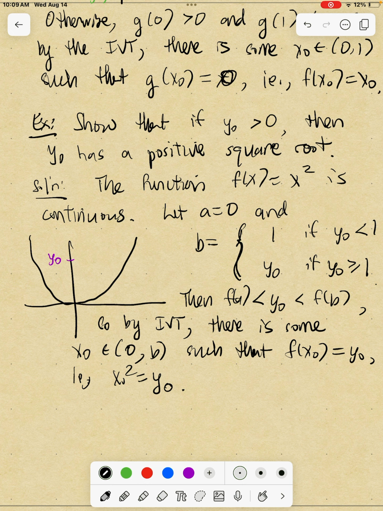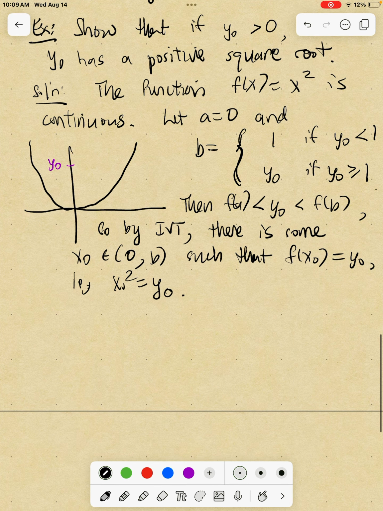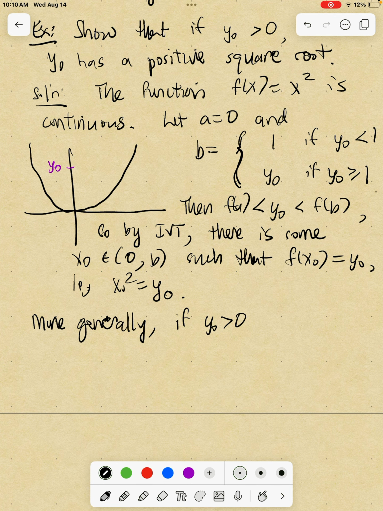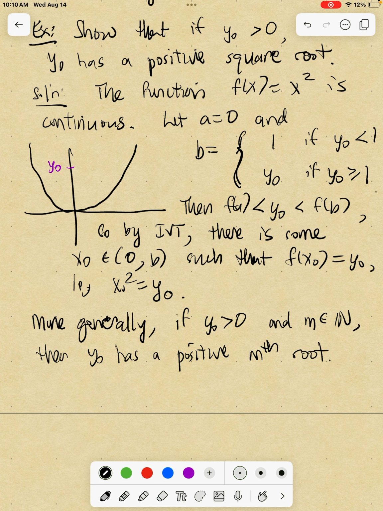Okay, so the intermediate value theorem is actually very useful. And more generally, I'll just leave this as an exercise: any positive number has a positive mth root.